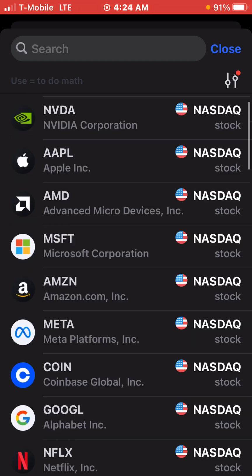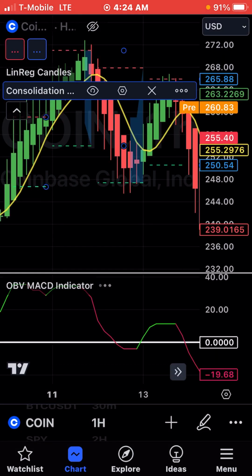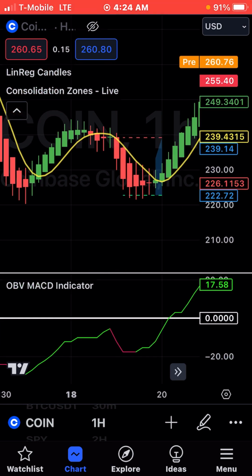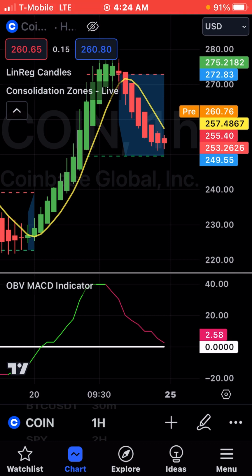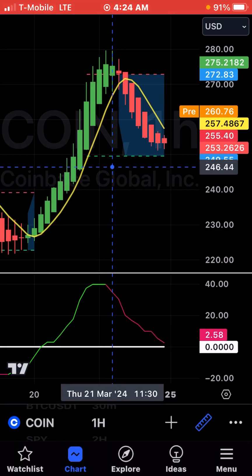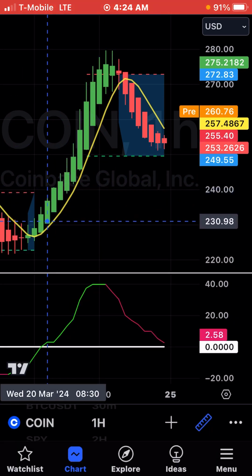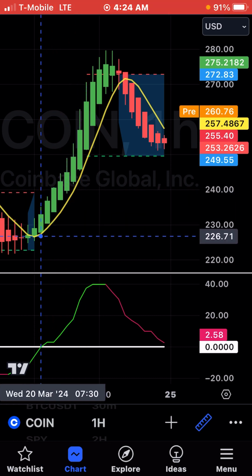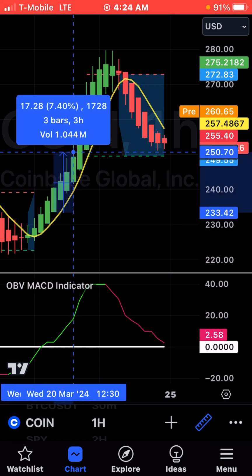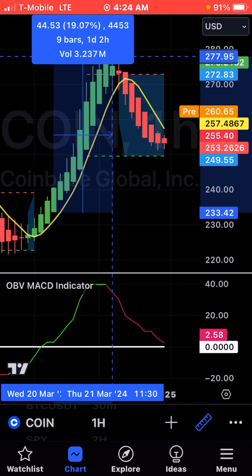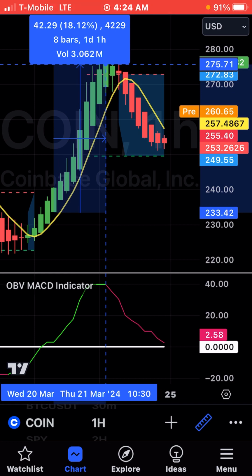Let's look at Coinbase here, since Coinbase might be popping pretty soon. If you did an option here for Coinbase, you see the green candles are above the linear line. So this would be a good moment to get in if you rode this out from here to here. This would be an 18% increase. This is a $42 difference in price. You could also use this for high percentage gains.